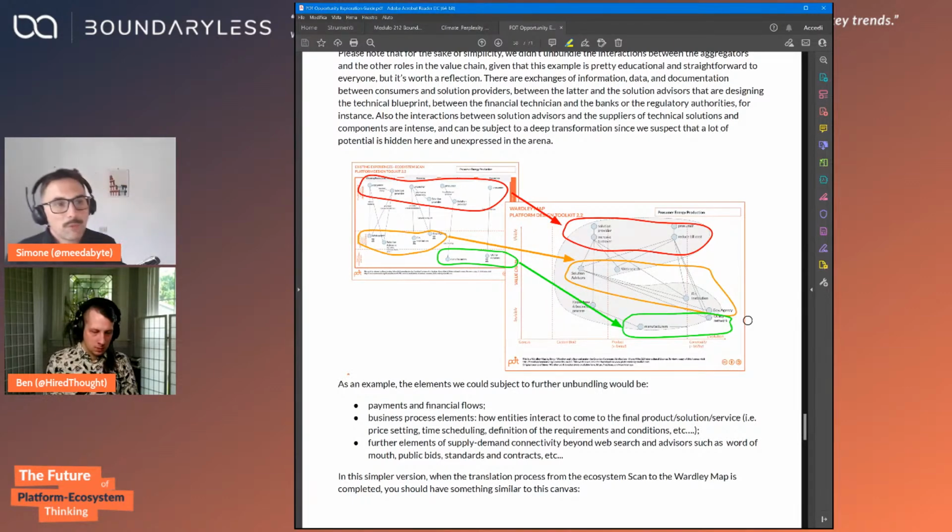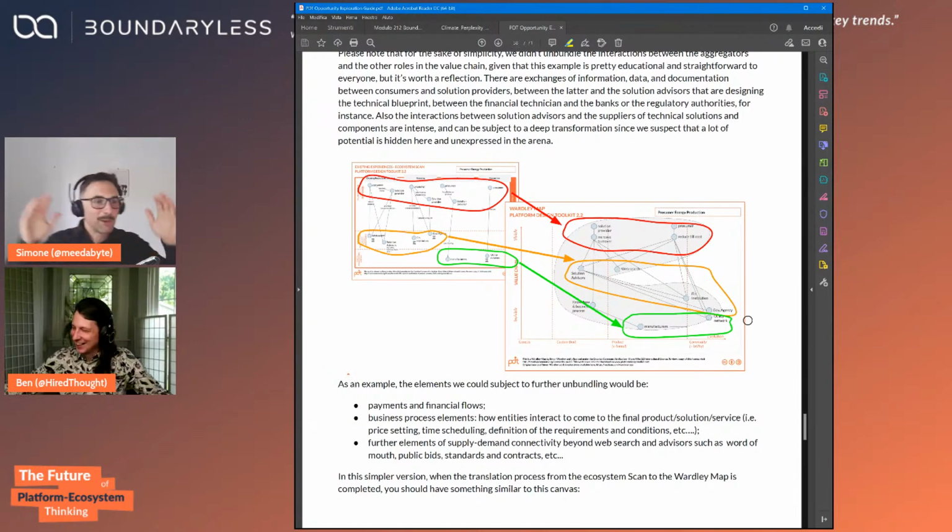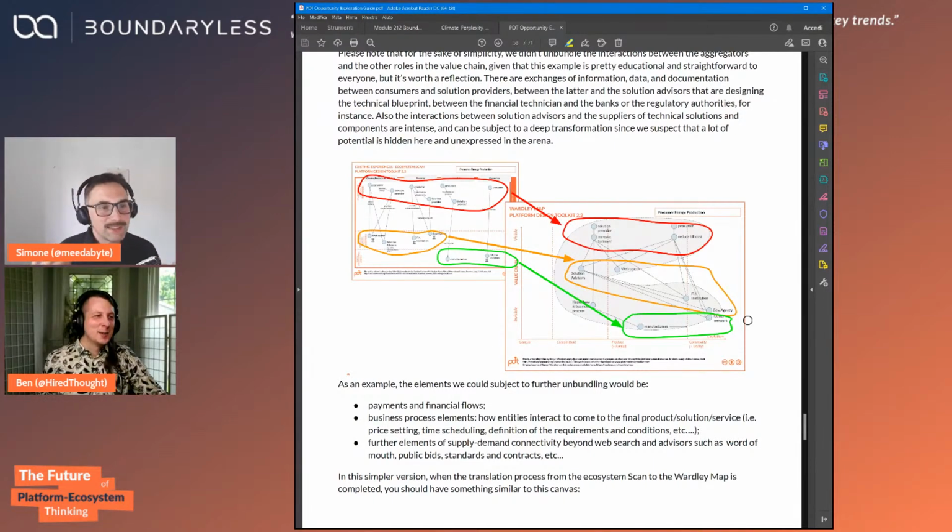But then the question is always, how many Wardley maps? Should I do a Wardley map for those arenas, or one big one? In the blog post I ended up saying, maybe you do one Wardley map for each arena that we characterize as a systemic job, a job that many entities want to perform, for example getting the planting done.